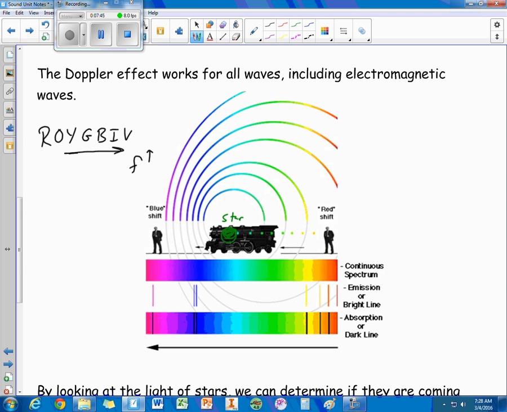And as you move towards the red part of the spectrum, the frequency decreases. So as the star is moving towards us, the frequency is increasing. That's why we call it a blue shift, because the color is becoming more blue, and behind it it's a red shift because the frequency is going down and the color is becoming more like red.